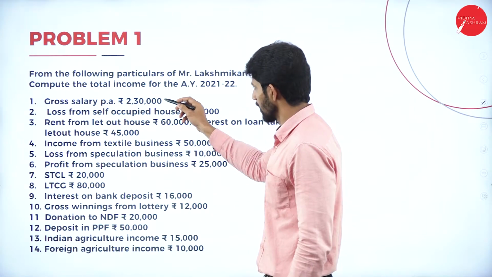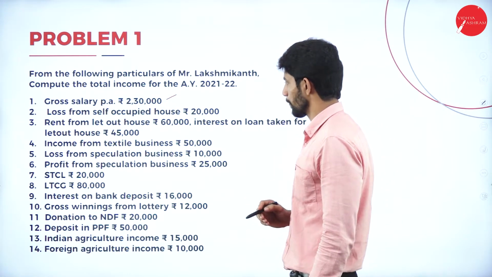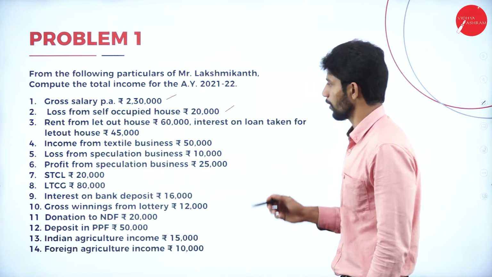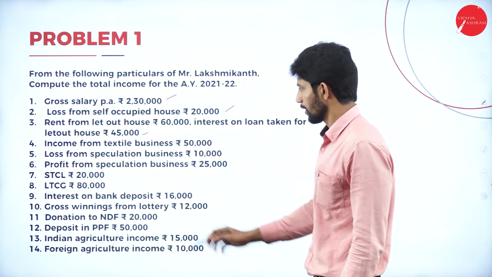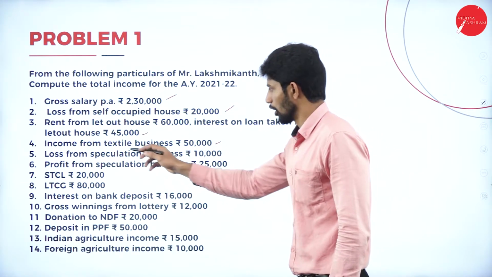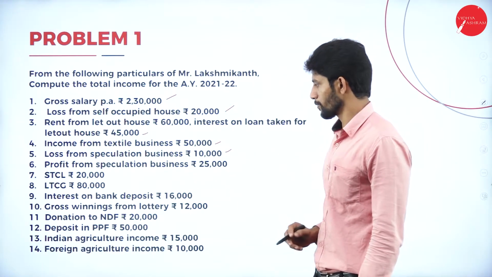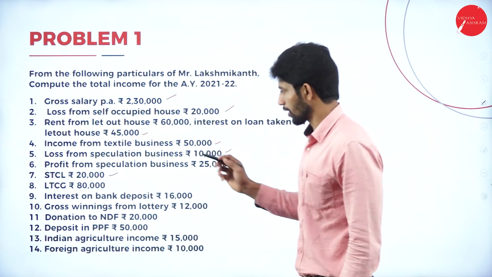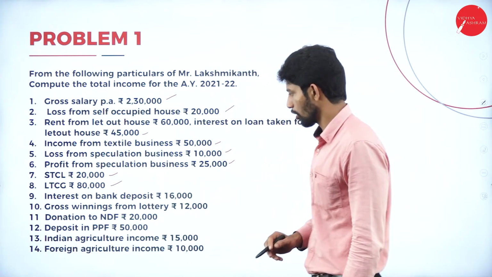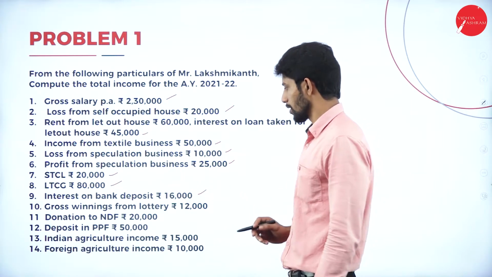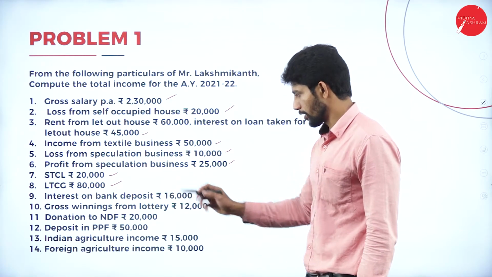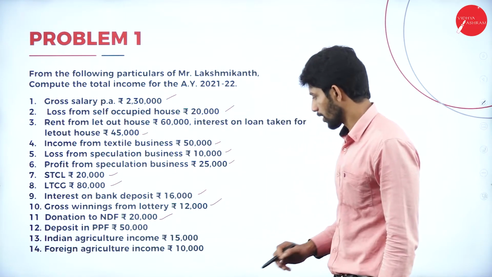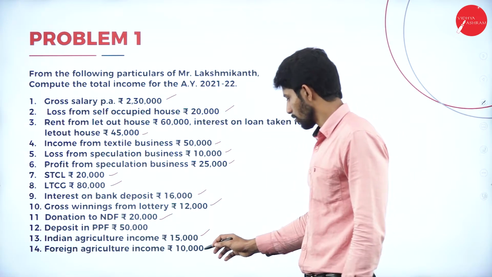Point number 1, gross salary per annum 2,30,000, loss from self-occupied house rupees 20,000, rent from let out house 60,000, interest on loan taken for let out house rupees 45,000, income from textile business rupees 50,000, loss from speculation business 10,000, profit from speculation business 25,000, short term capital loss rupees 20,000, long term capital gain rupees 80,000, interest on bank deposit 16,000, gross winnings from lottery rupees 12,000, donation to NDF 20,000, deposit in PPF rupees 50,000, and Indian agricultural income rupees 15,000, and foreign agricultural income rupees 10,000.